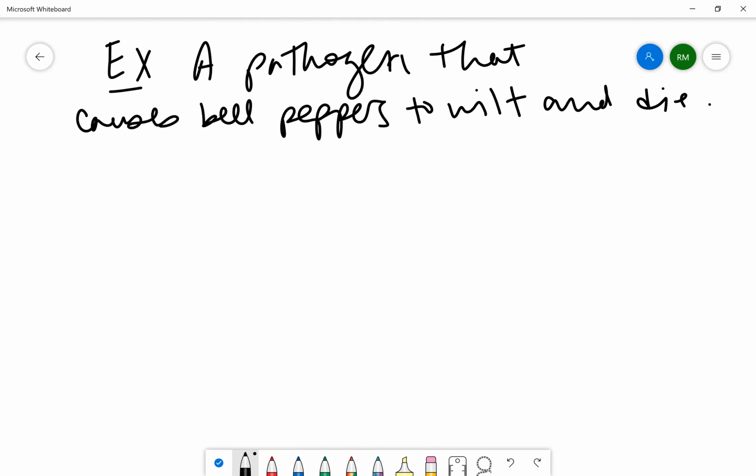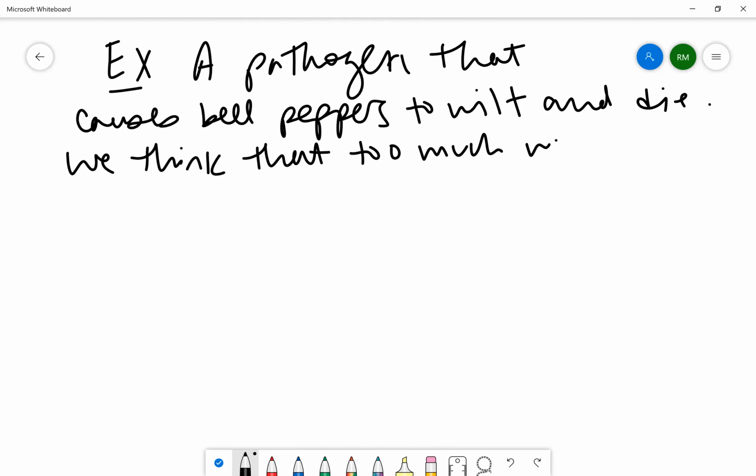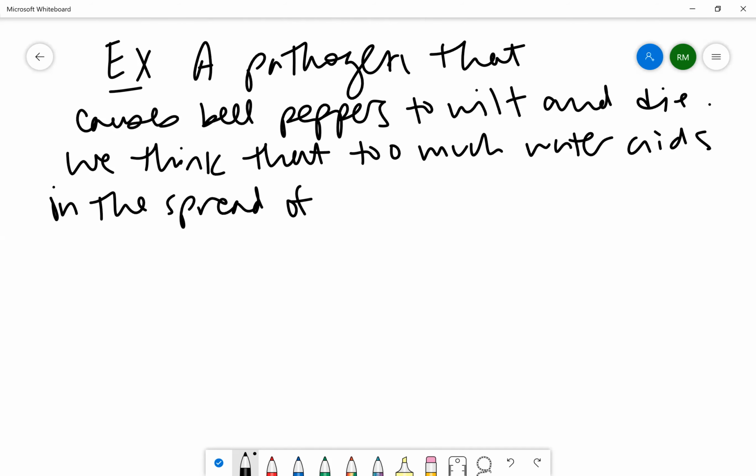We think that too much water aids in the spread of the pathogen.